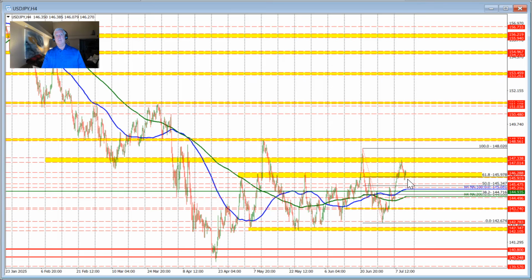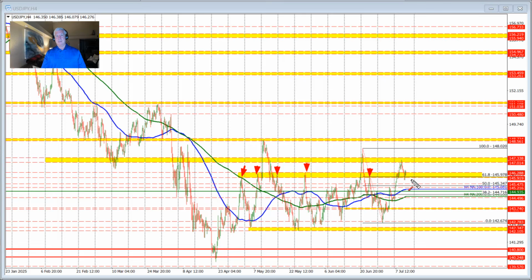But the movement below that level could not be sustained, and we're currently trading within this yellow area as defined by different swing highs and highs through here, and here. Admittedly, we did break above these areas in this move to the upside, and this move to the upside right through here, and more recently in the move this week to the upside.